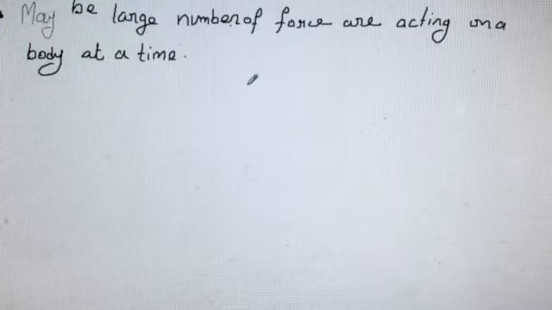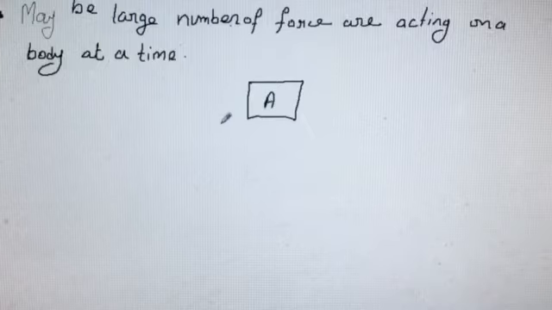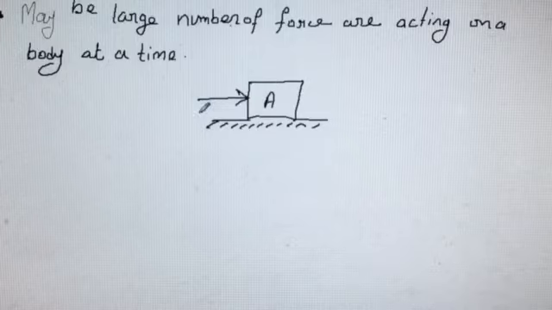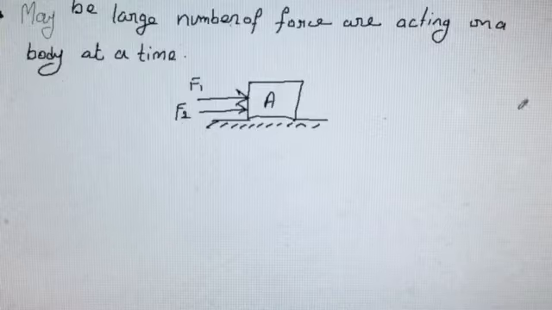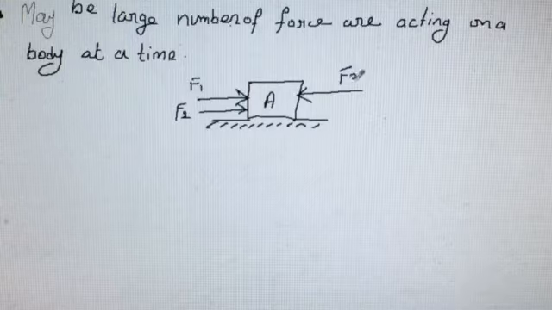It means an object A placed on a surface may be subjected to more than one force. This is F1 and this is F2. And also a third force may be applied on this body, F3. So at a time there may be multiple forces on the body.